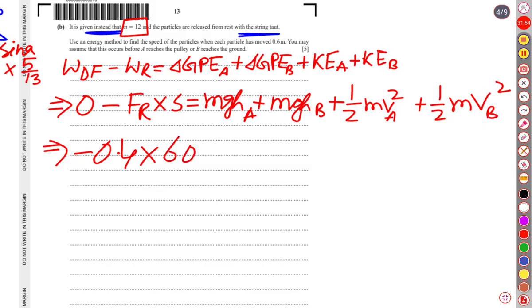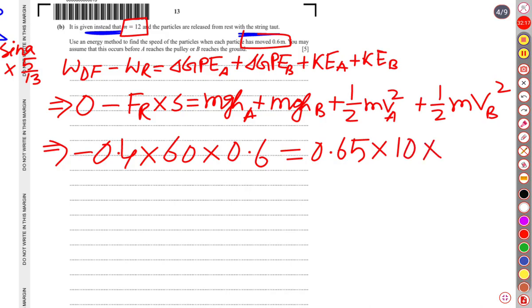I can show from the previous page. And s, actually each of the particles moved 0.6 meter, so 0.6 is equal to the mass of particle A, which is 0.65, and acceleration due to gravity is 10.